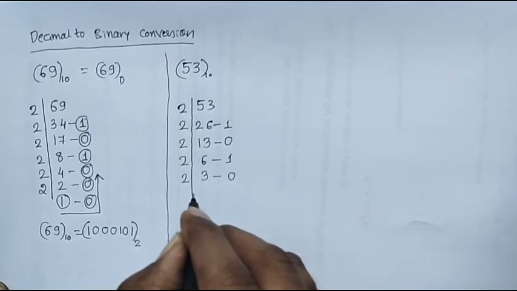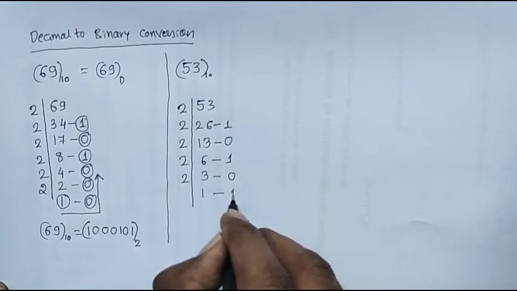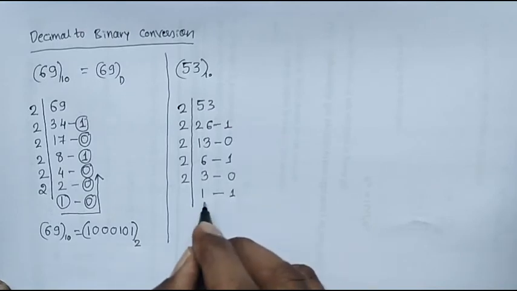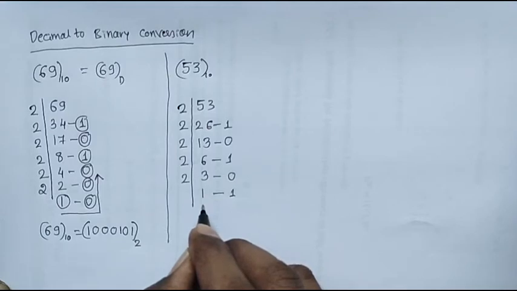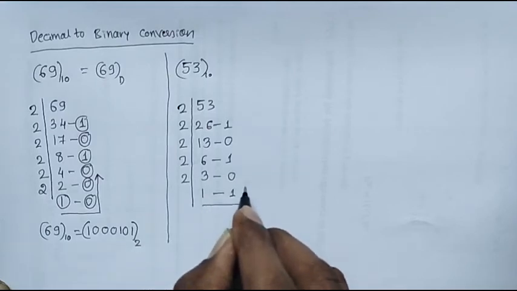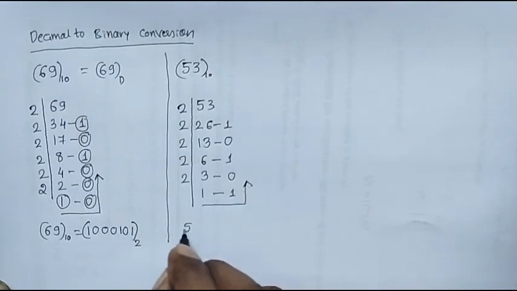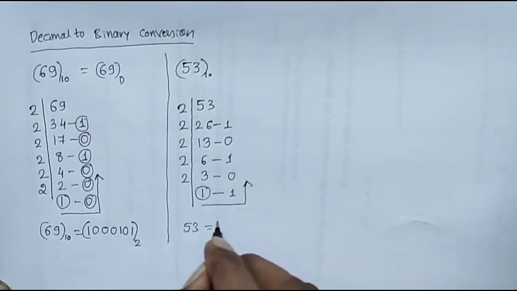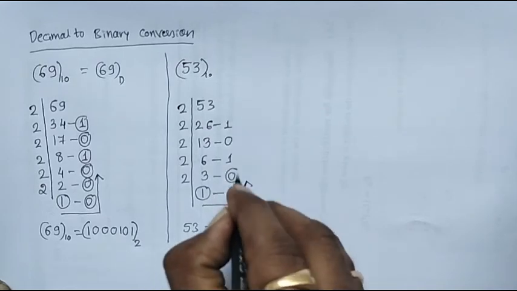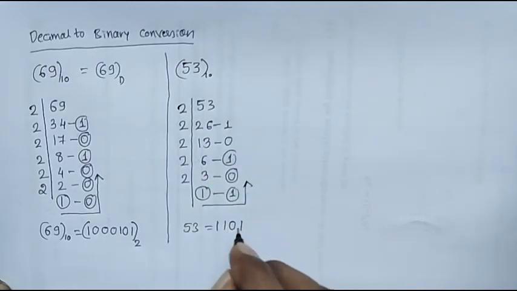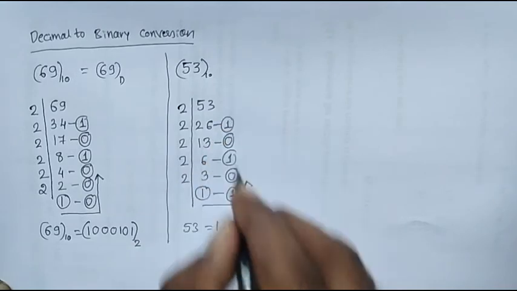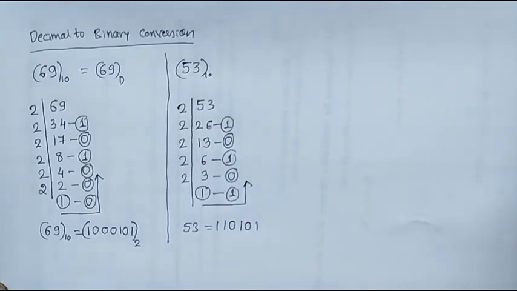Divide 3 by 2, we'll get 1, remainder is 1. Now we can represent 53 in binary, representing the numbers in this order. 53 is equal to 110101. Thus 110101 is binary representation of 53.